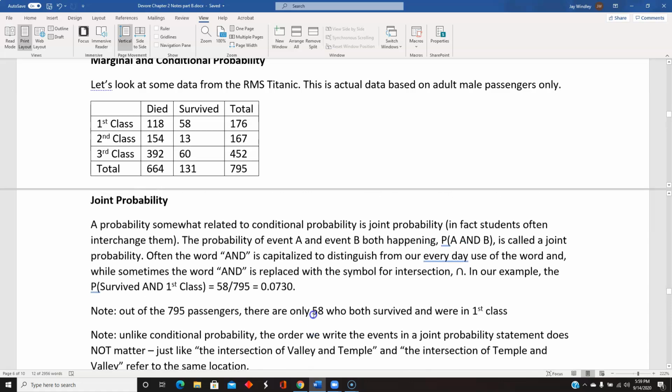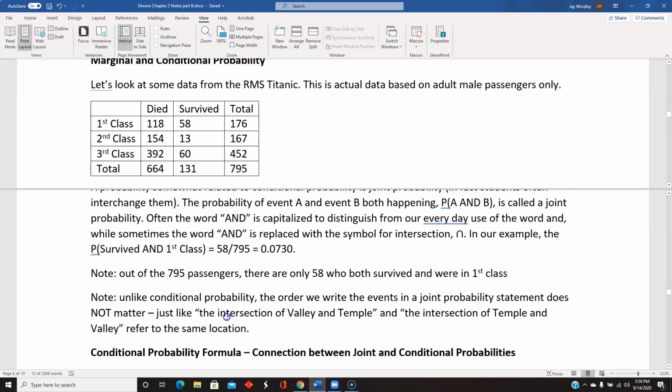But for joint probability, it does not matter what order you say the two events in, very similar to saying that the intersection of temple and valley is the same as the intersection of valley and temple. Those both refer to the same location.